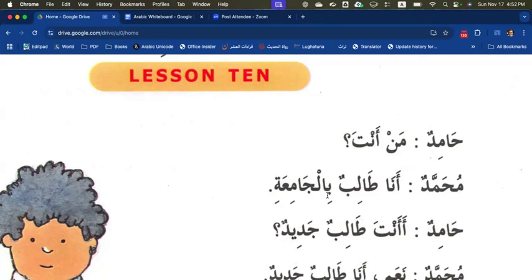Those are all disconnected harf jar. This is a connected prefix harf jar, bi. It means in or at. So ana talibun bil jami'a: I am a student at the university, or in the university.